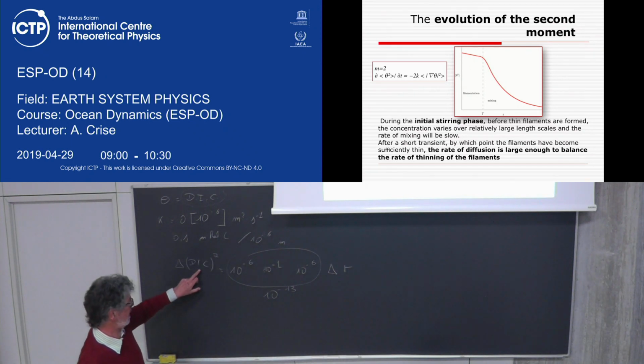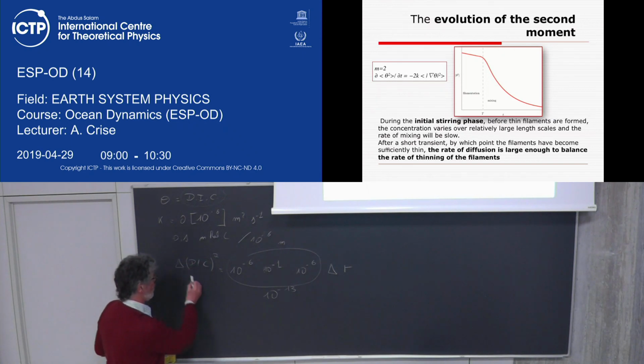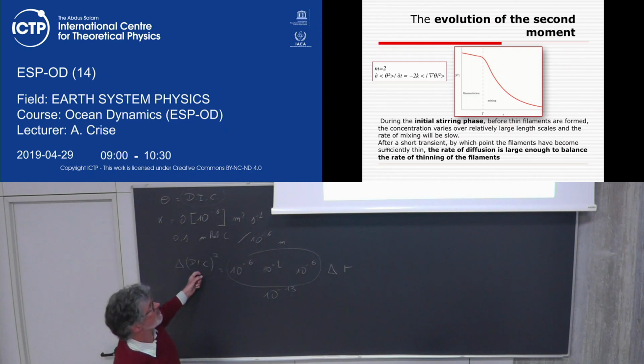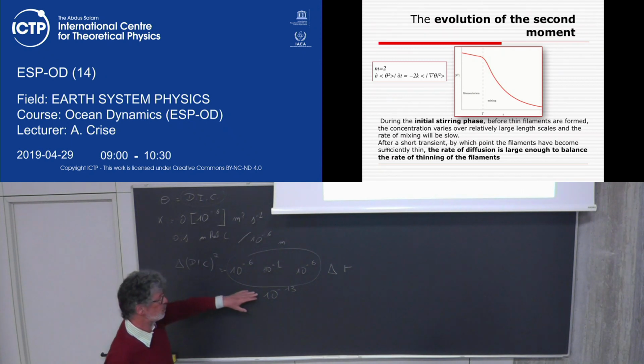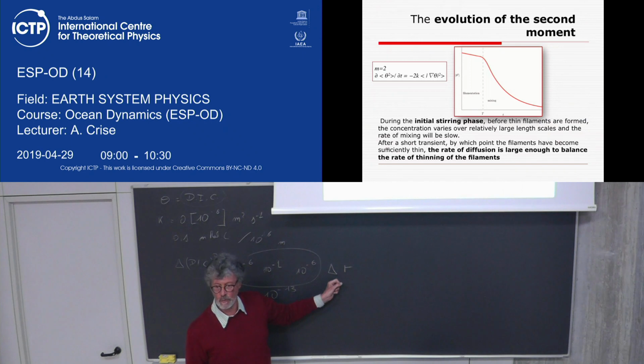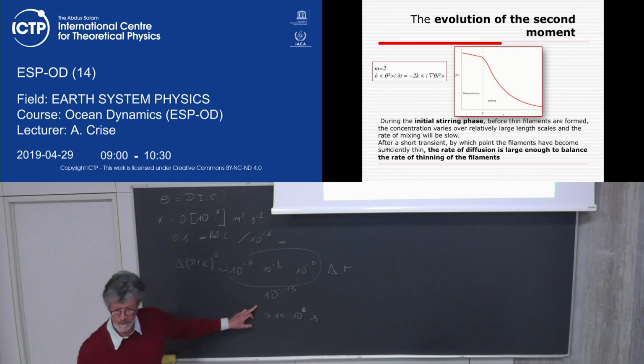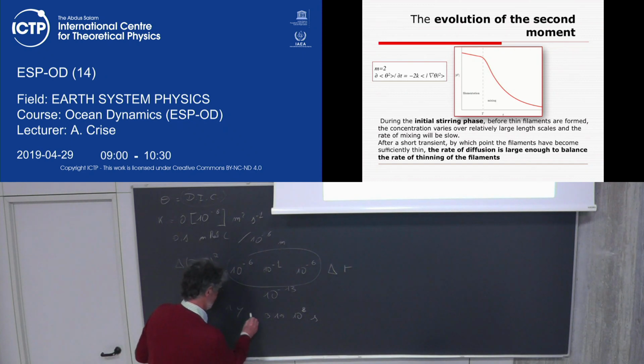In order to obtain a homogenization of this term, sorry, there is a minus here, you should have time which is quite long, just to have an idea. 1 year is this 1 year.